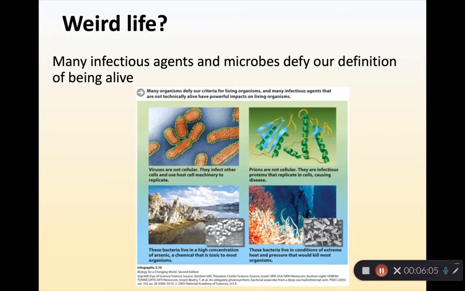So they are in some ways lifelike. While for the most part we're able to define what life is, there are still exceptions to this rule, and we're able to understand that life can exist beyond these strict definitions that we've been using thus far.